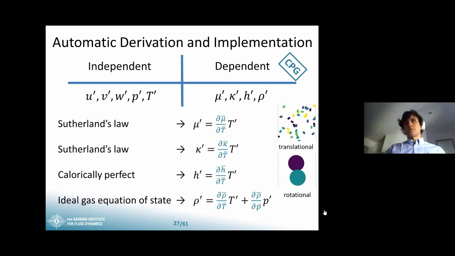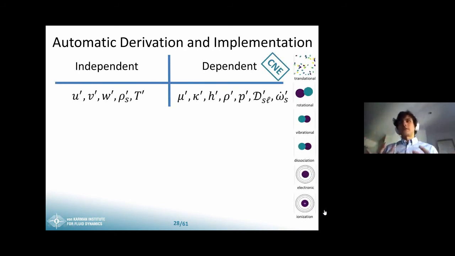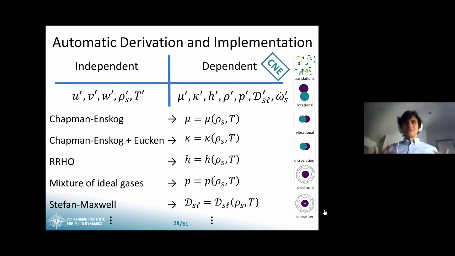But the thing changes when we move to more complex physics. So we look at a high enthalpy scenario, we have a lot more dependent quantities, and their dependency on the independent is a lot more complex.